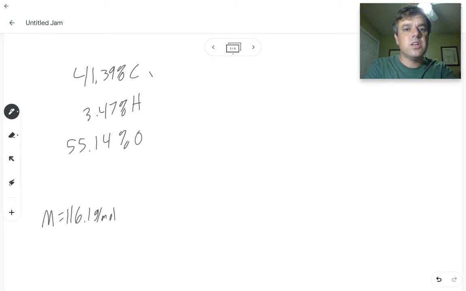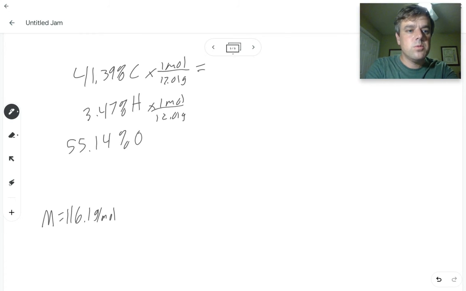So we start the same way. We convert our grams into moles. This is 1.008. And 1 mole is 16 grams.